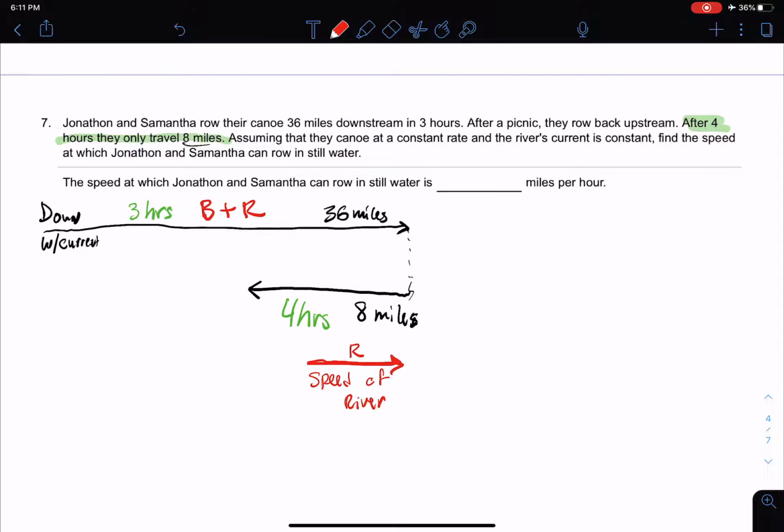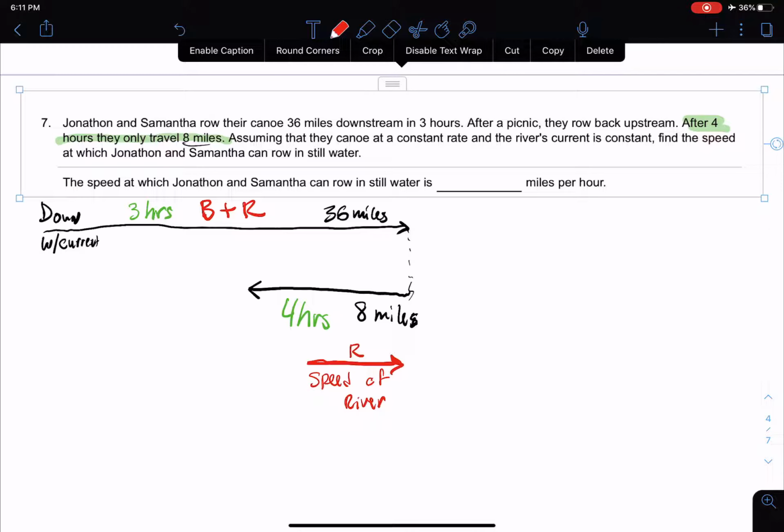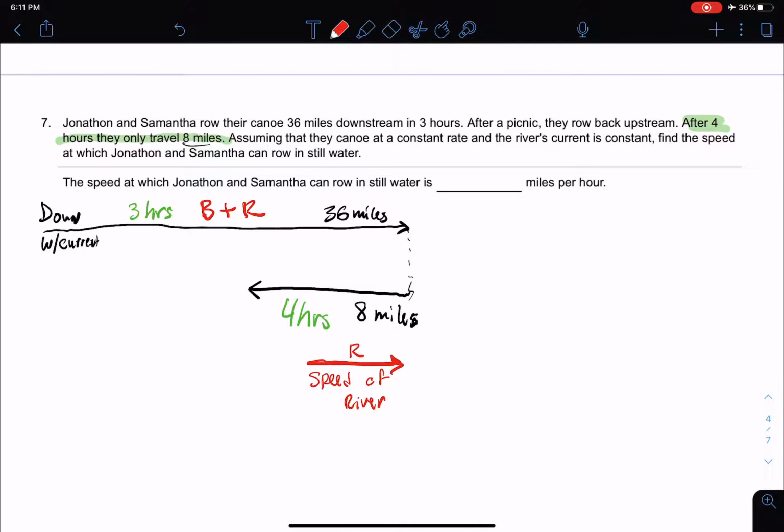So you're happy because you're getting a lot of help. But when you're coming back home against the current, what's your rate going to be? It's going to be the boat speed minus the river speed, which is killing you right now and makes you go much slower. So those are the pieces. Let's see if I can squeeze in my chart on the right hand side over here.